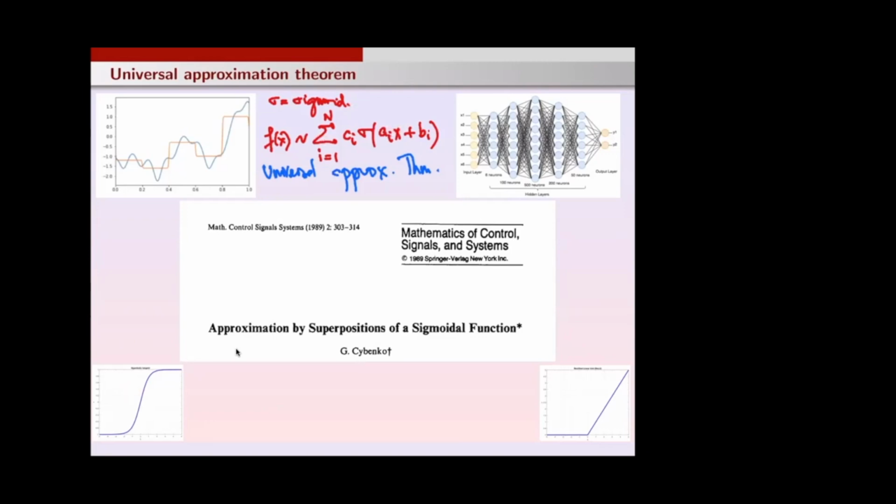In this combination I am using a number capital N of functions, and of course N has to be arbitrary. It's like when, by the classical Stone-Weierstrass theorem, you say that polynomials are dense. Of course, polynomials are dense, provided you allow the degree of the polynomial to be arbitrary, right?